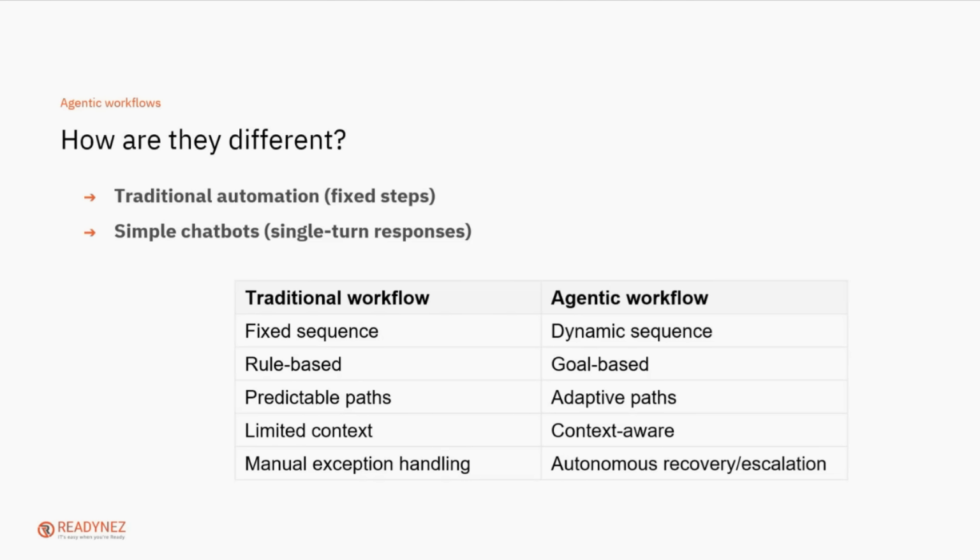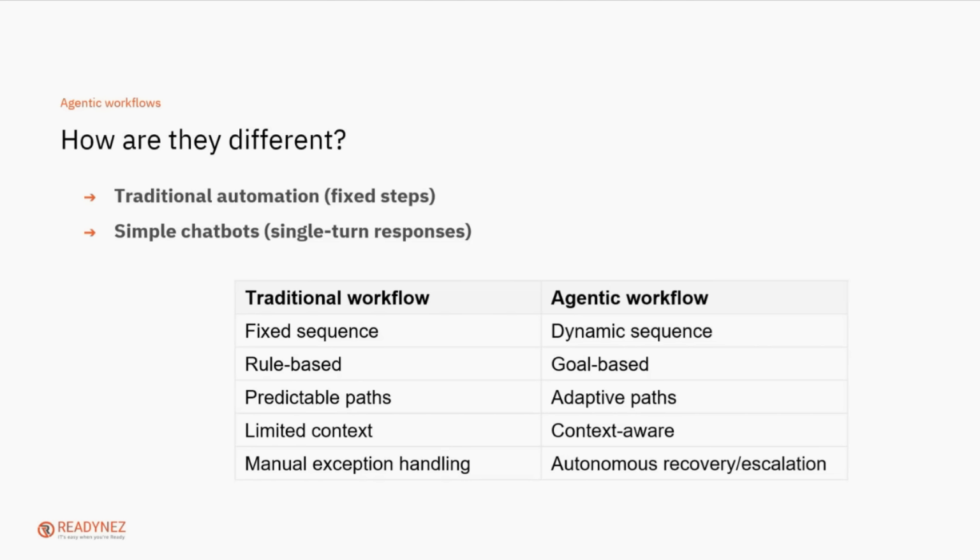But the key thing is they still operate within your organization's security, compliance, and policy boundaries. So when we build agents, we need to make sure we're still accessing data and not leaking data. I'm trying to contrast an agentic workflow versus traditional workflow versus simple chatbots or prompt and response agents.